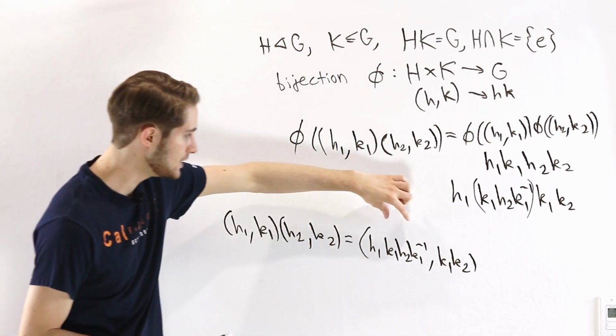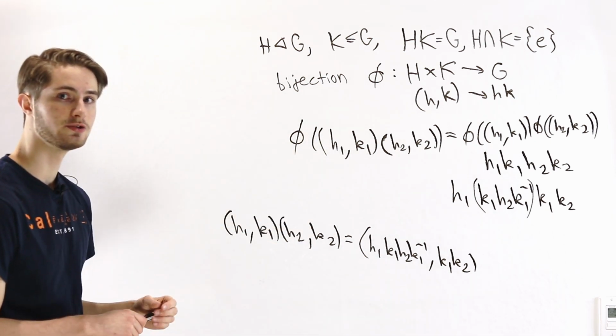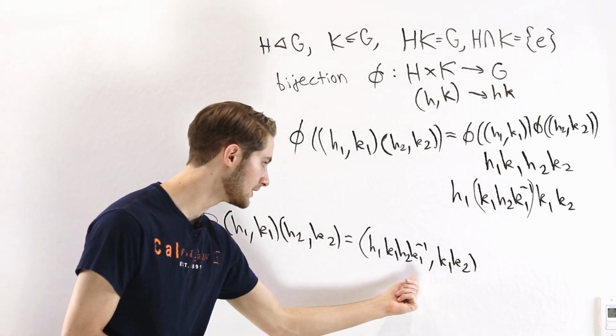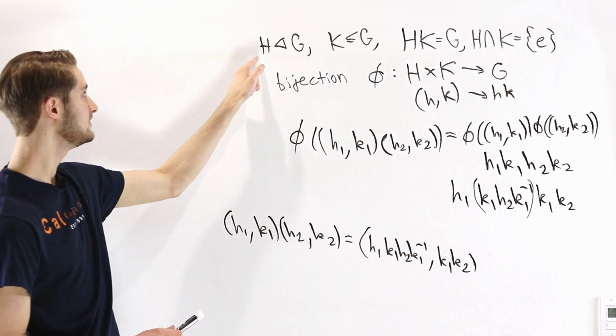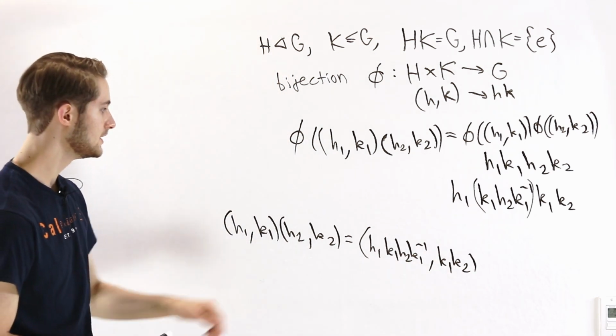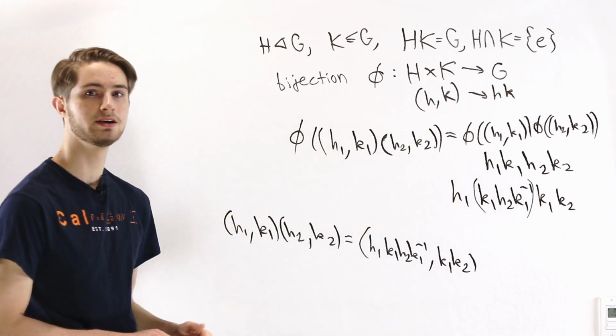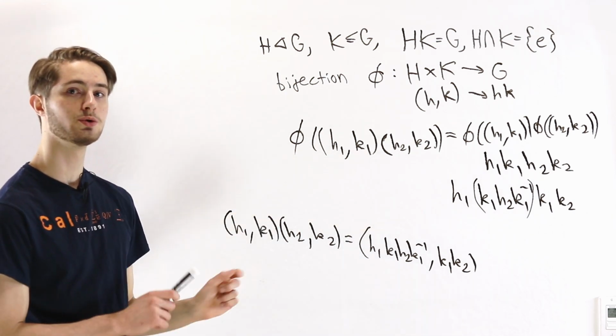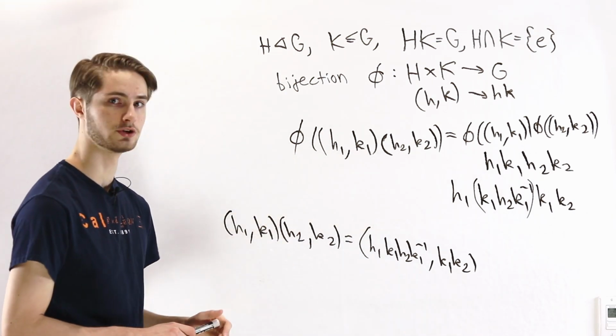So this conjugation part is really just in here so that we can sneak in H1 K1 H2 K2. And because H is a normal subgroup of G, even though we're conjugating by K, which isn't in H, it's still going to stay in H because it's normal.